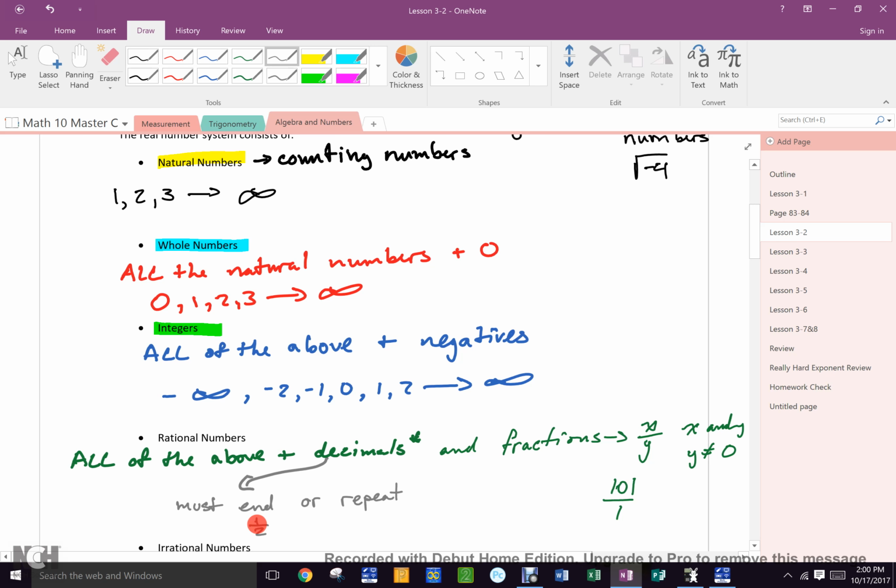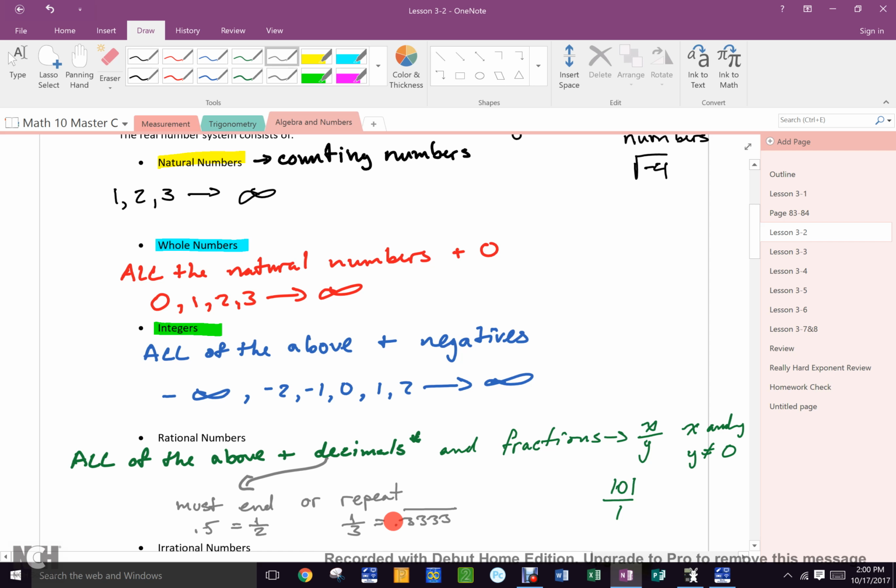Divide. And what happens when you do 1 divided by 2 on your calculator? 0.5. Decimal ends. What is 1/3? 0.3333 forever. Repeats. Everybody cool? If it does one of those two things, it's a rational number.